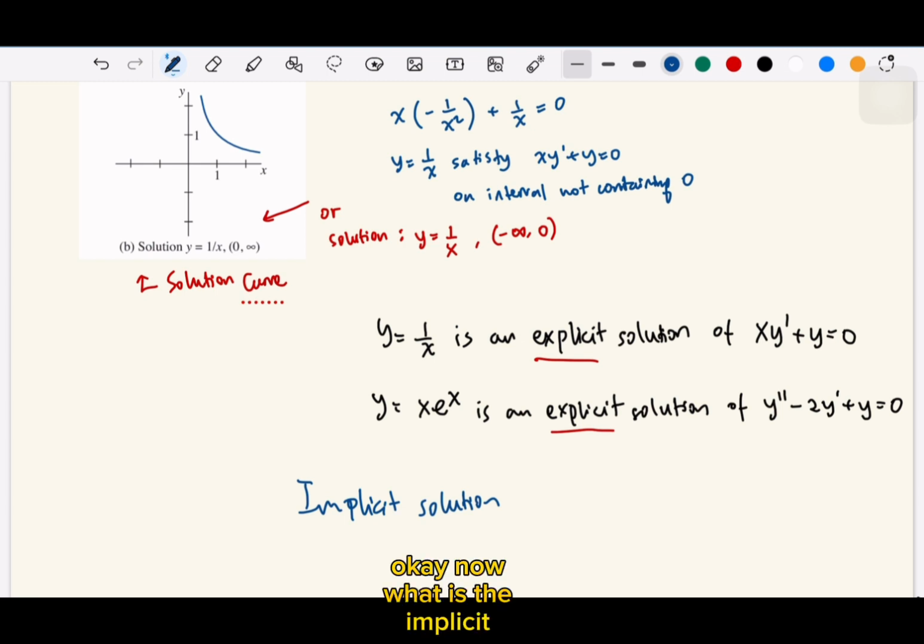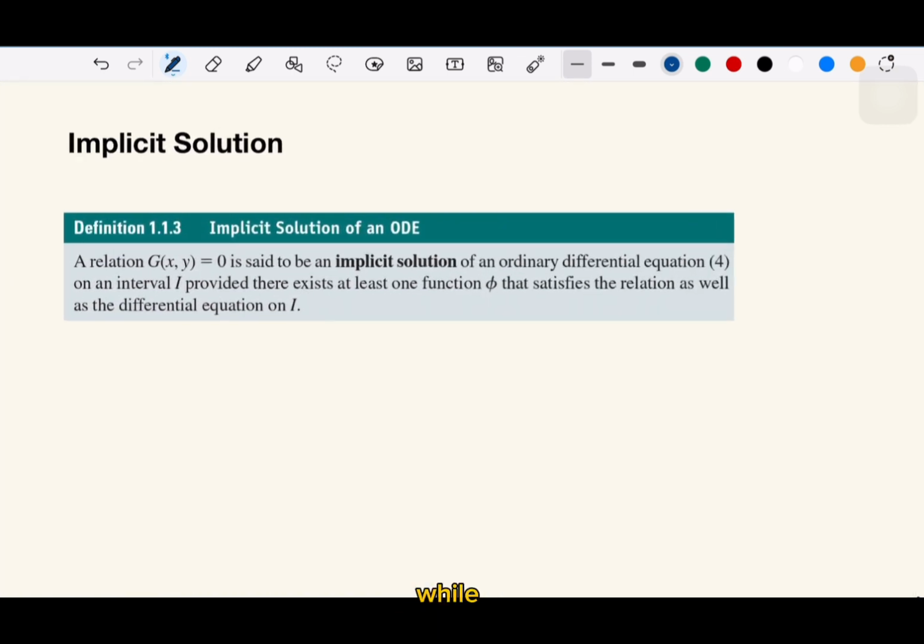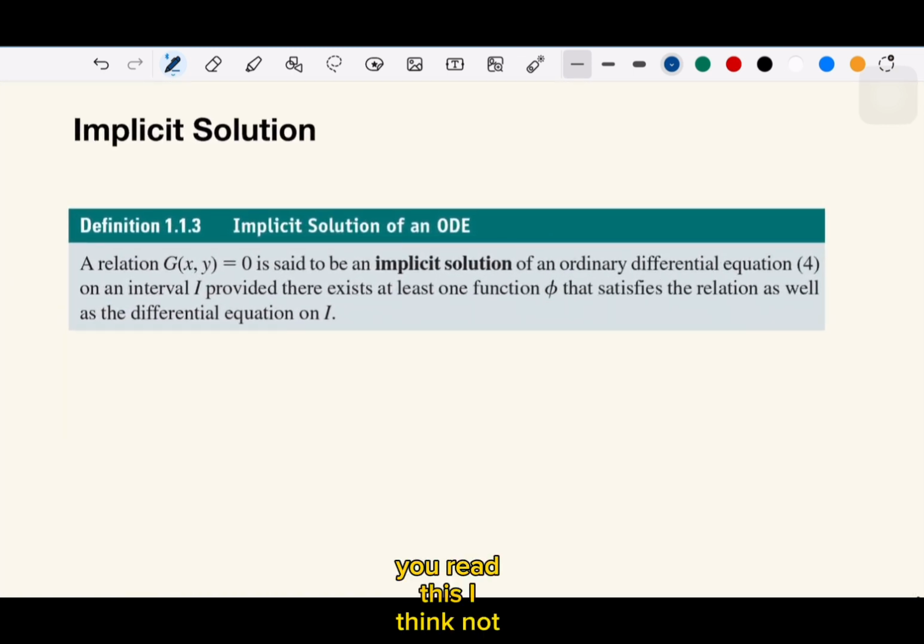Okay, now what is the implicit solution? Let me go through here for a while. If you read this, I think it's not really helpful. You have to at least draw an example.